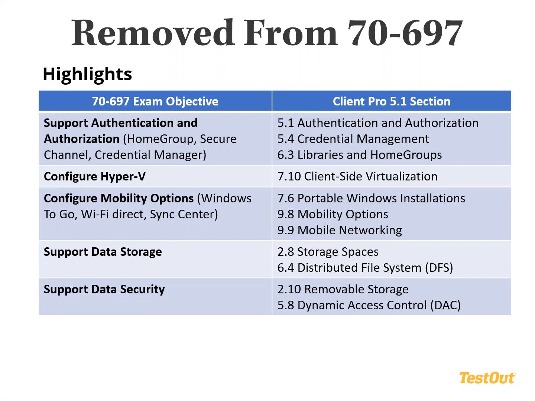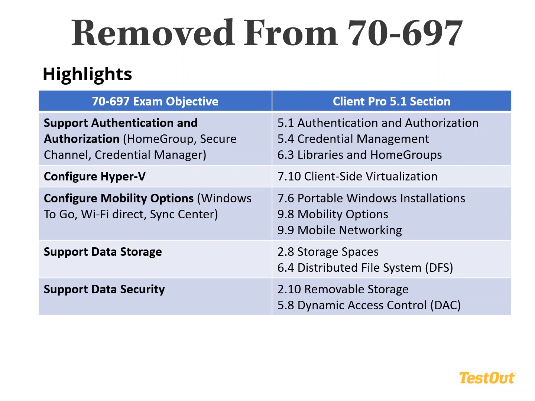A good portion of the support, authentication, and authorization have been removed. As you can see, HomeGroup and Credential Manager. The client-side Hyper-V that was in the previous objectives is now not there anymore. And a lot of the mobility options, as you can see, Windows To Go and Wi-Fi Direct. And a good portion of the support data storage and data security has also been removed from the 697 objectives.